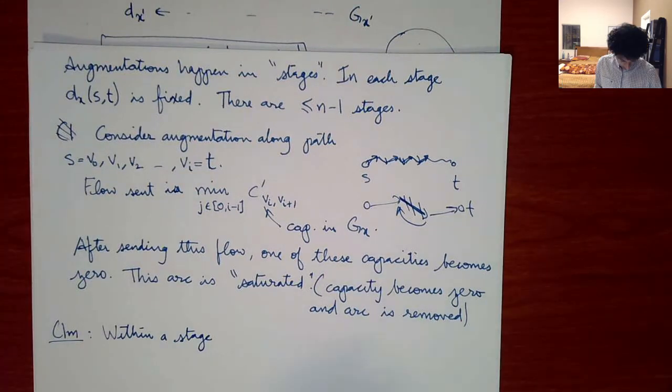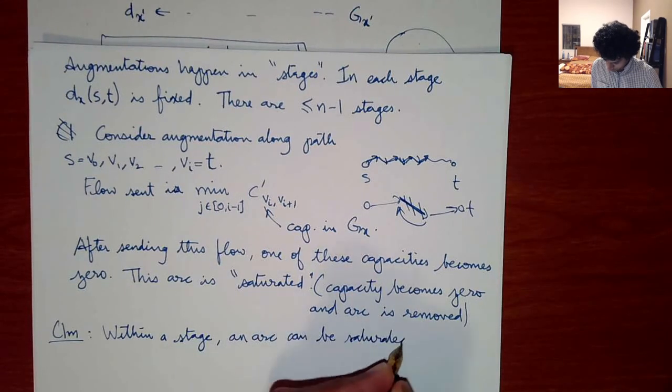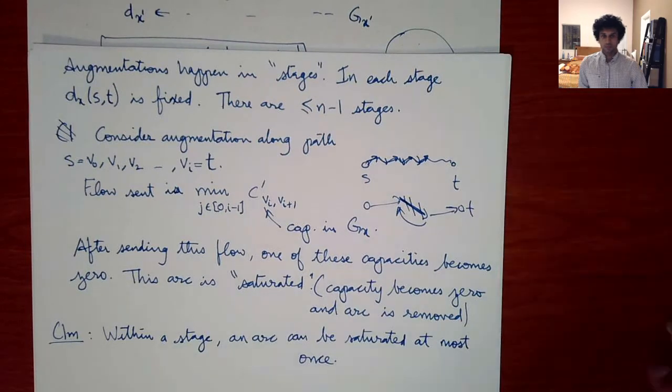Within a stage, an arc can be saturated at most once, which means that every arc can get saturated at most once. It may reappear, but it's never going to get saturated again.